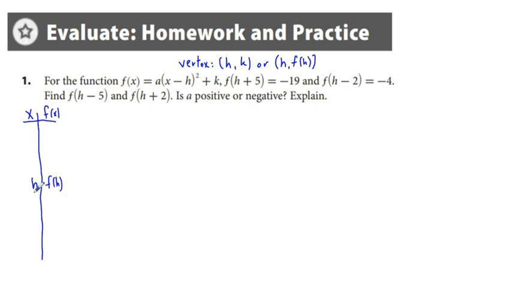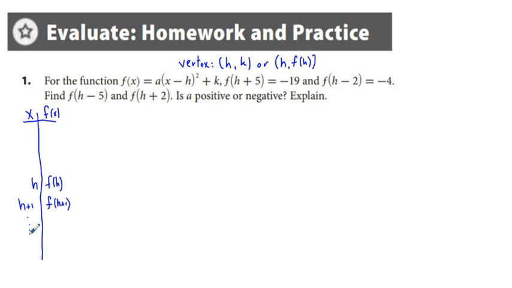And as we go to the right of that value of h, we have h plus 1, f of h plus 1, and so on.